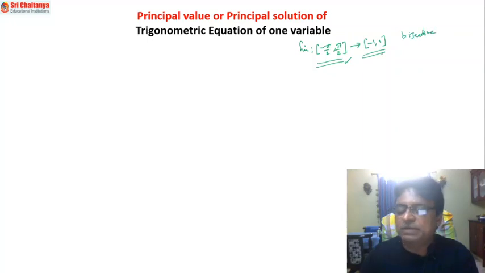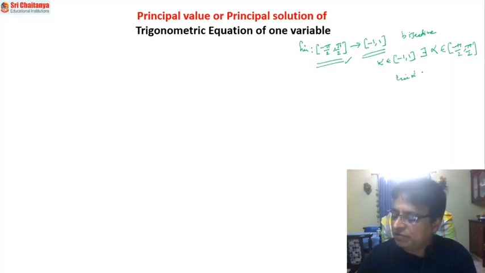And the beauty of a bijective function is that it is both one-one and onto. And the beauty of an onto function is that whenever I take any value in the codomain, suppose k is any number which belongs to the closed interval minus 1 comma 1, then there exists a unique alpha which belongs to the closed interval minus pi by 2 comma pi by 2 such that sin alpha equals k.